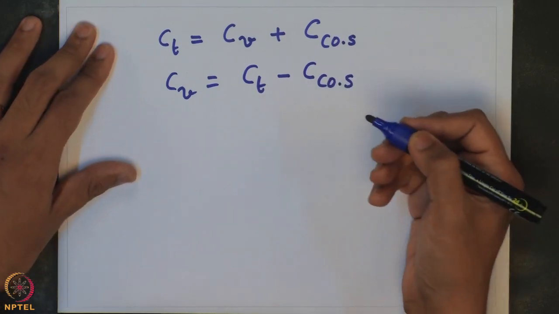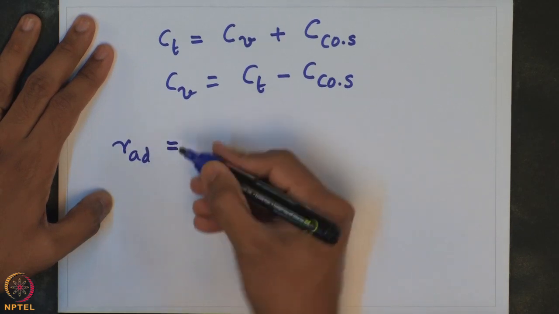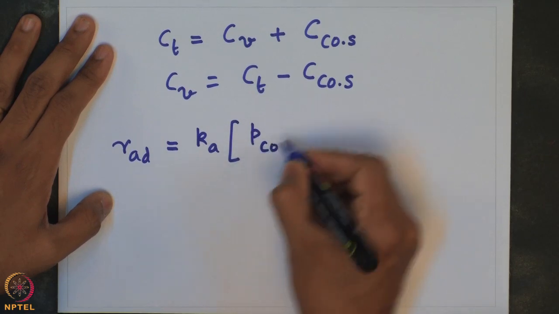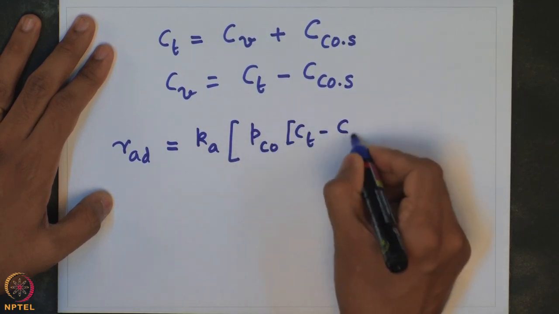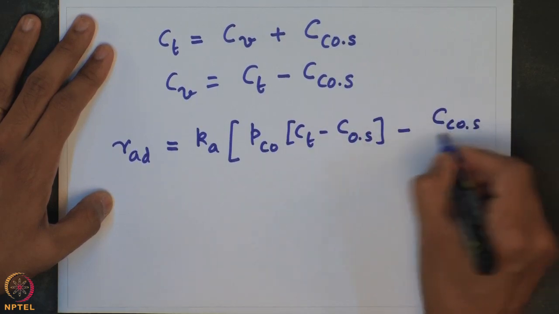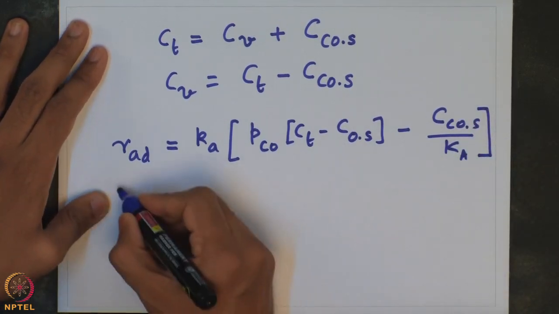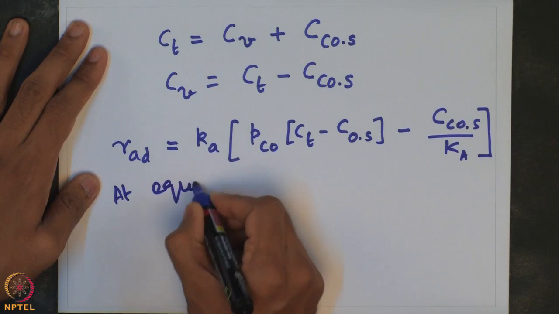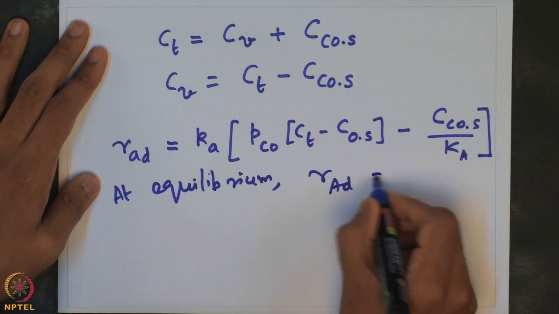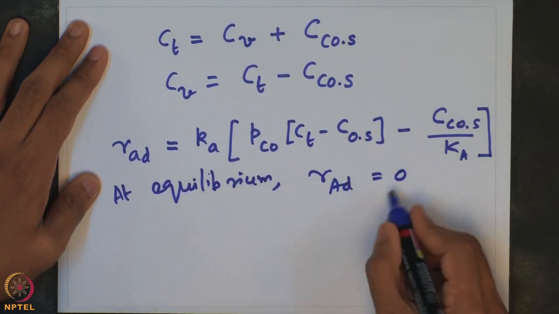Now, if we plug this into the rate expression, our rate of adsorption is equal to k_a into P_CO into (C_t minus C_COS) minus C_COS divided by K_A. At equilibrium, the rate of adsorption is equal to 0, which means that the attachment and detachment rates are equal.